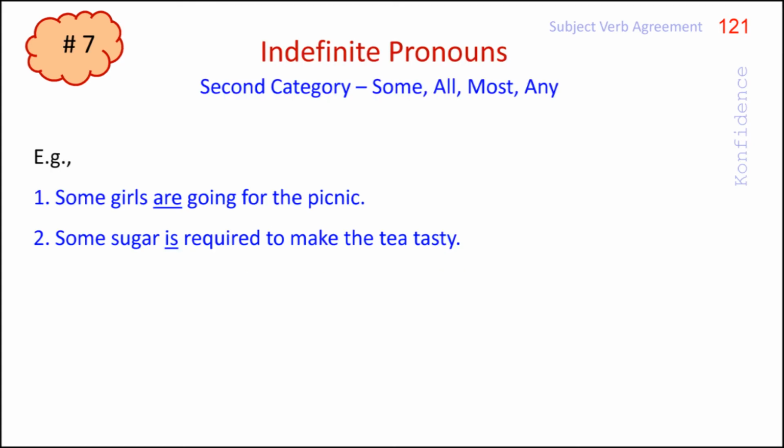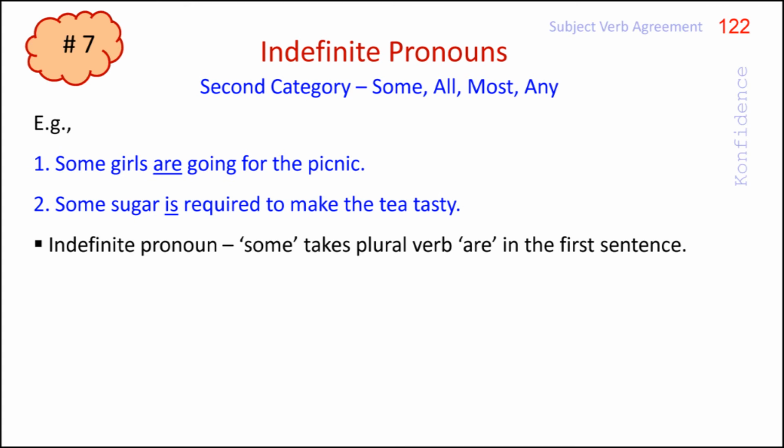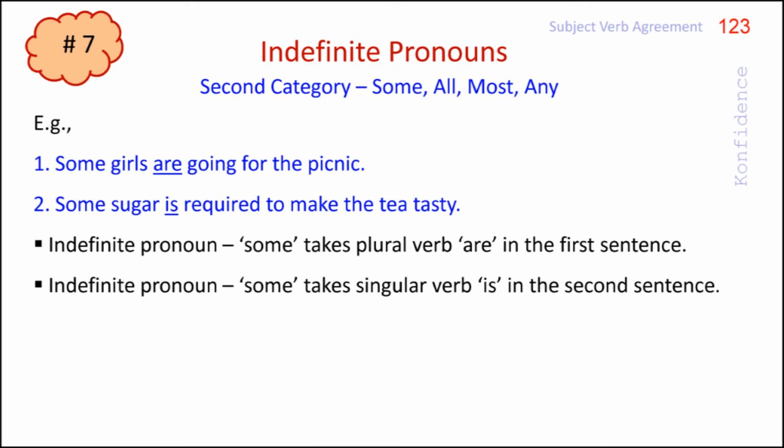Now look at the second category of indefinite pronouns: some, all, most, and any. They behave strangely, as can be seen from the examples. Here, the indefinite pronoun some takes the plural verb are in the first sentence and the singular verb is in the second sentence. Why? Is it confusing?